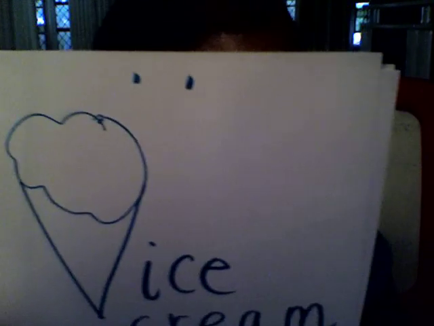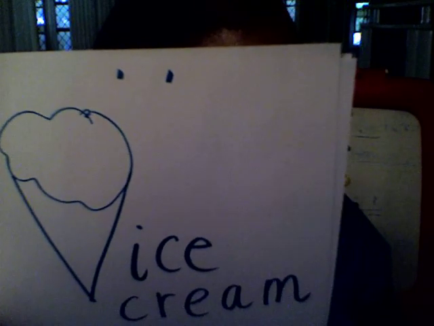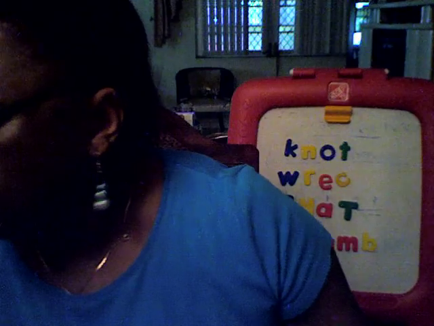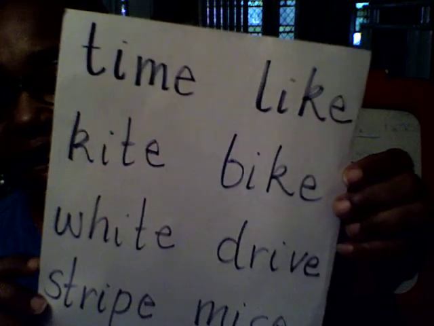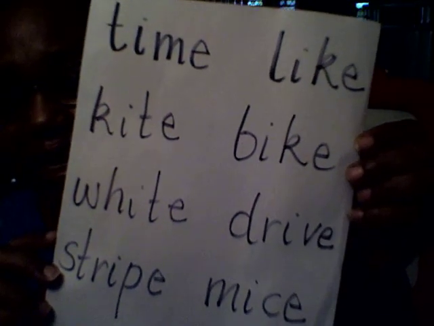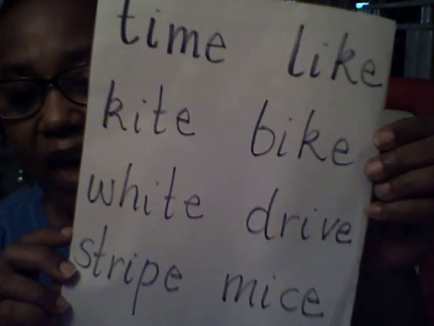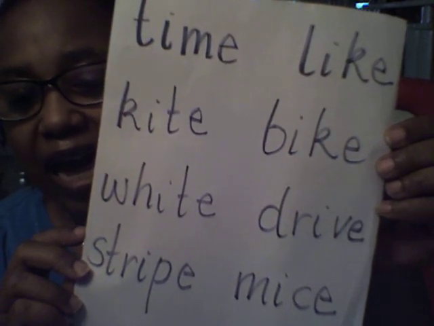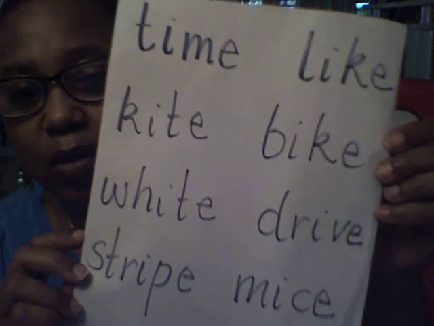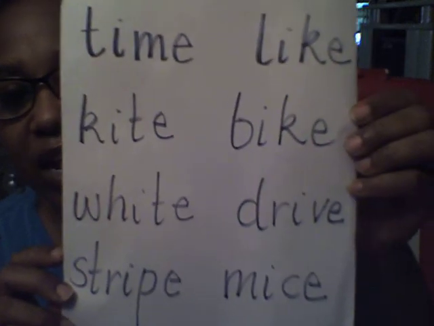Do you hear the I and see the I as in ice cream and the word drive? And then we had our other spelling words that had the letter I. Okay, we had time, like, kite, bike, white, drive, stripe, and mice with our letter I, right? Our I sound, long I.